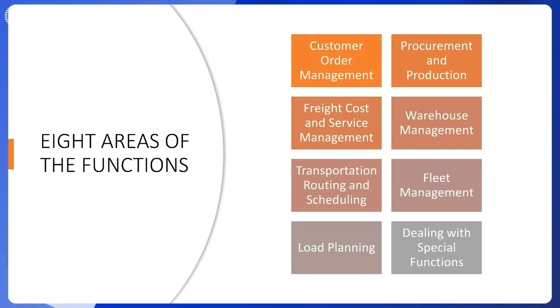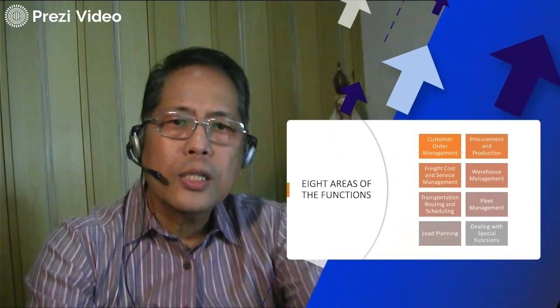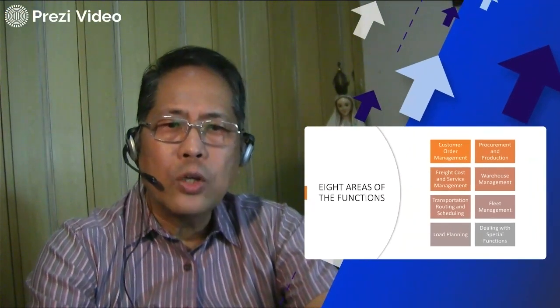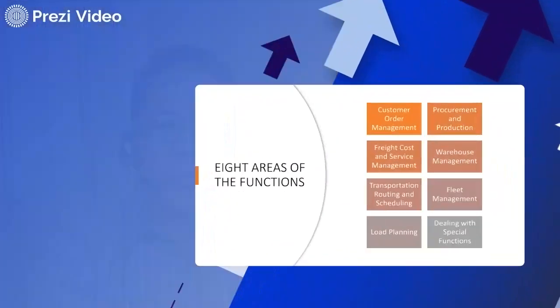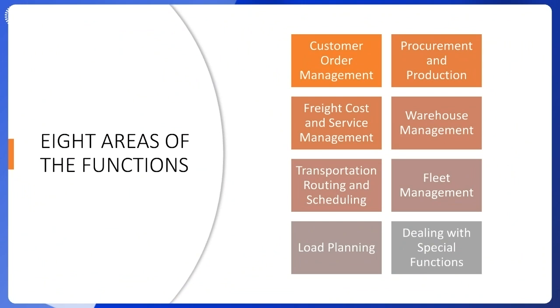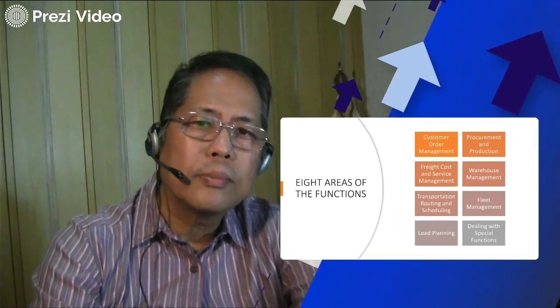These functions are separated into the following 8 areas. Customer order management, procurement and production, freight costs and service management, warehouse management, transportation routing and scheduling, fleet management, load planning, and dealing with special functions such as reverse logistics and waste recycling.